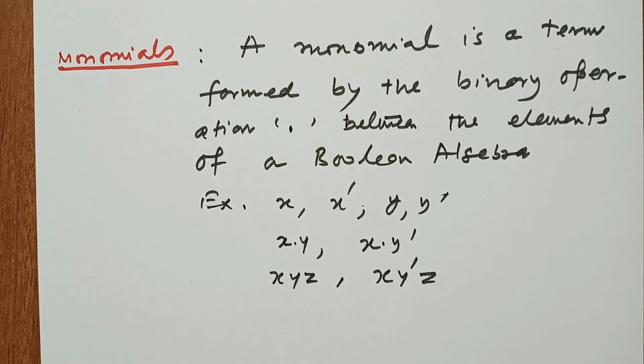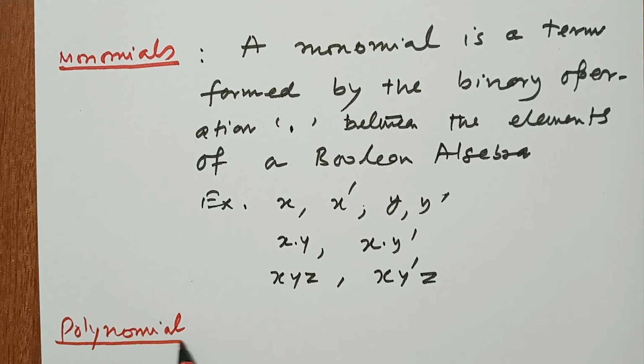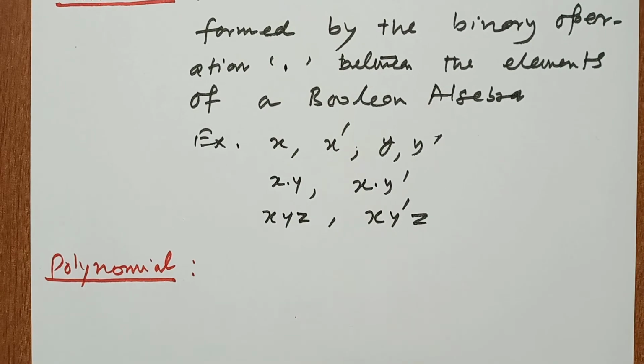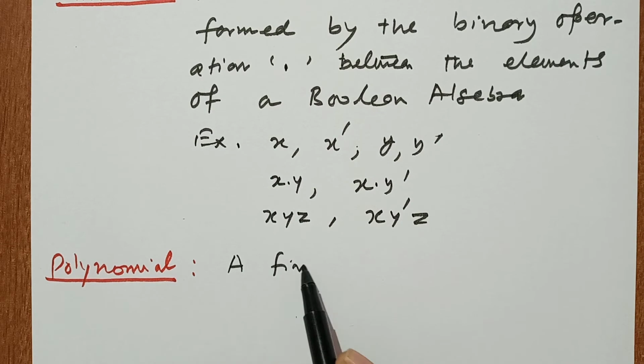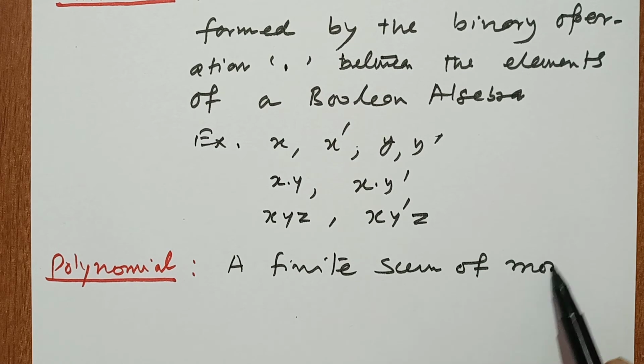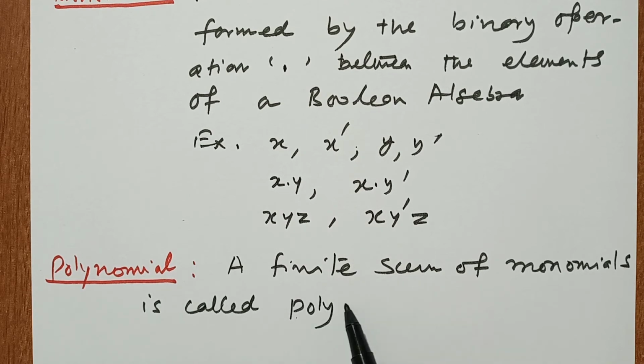Now polynomial. A finite sum of monomials is called a polynomial.